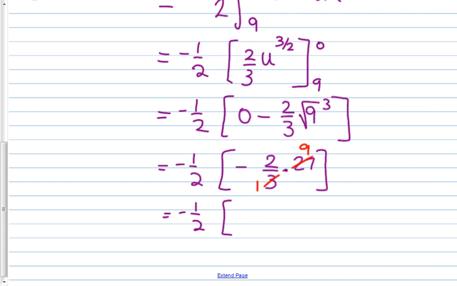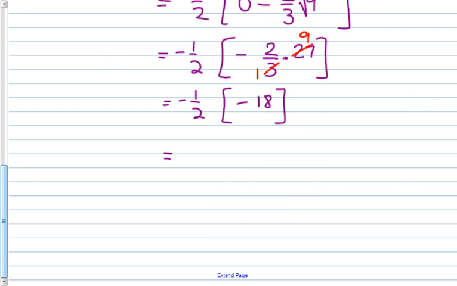So negative 2 times 9 is 18, divided by 1. And then times negative 1/2. That's a big fat positive, and positive 9. And there's my answer, and this would be a good one to check by the calculator, math, and then number 9. Okay.